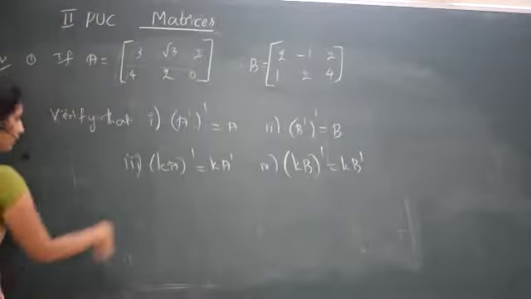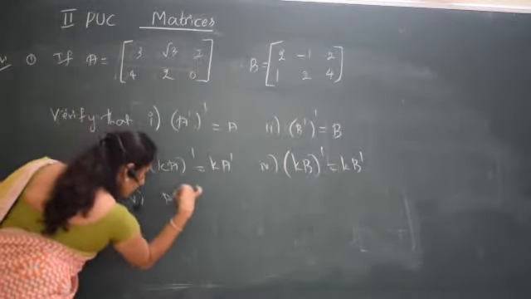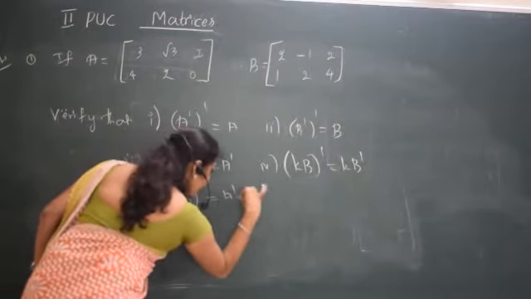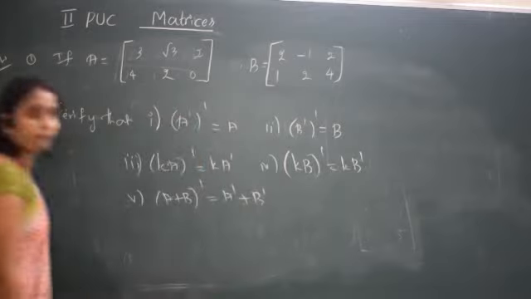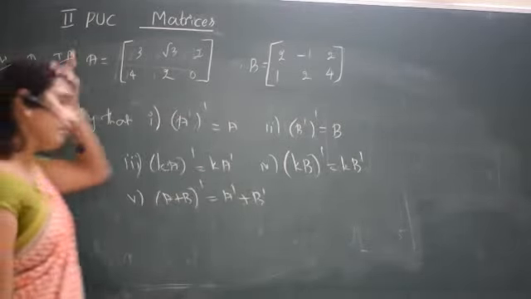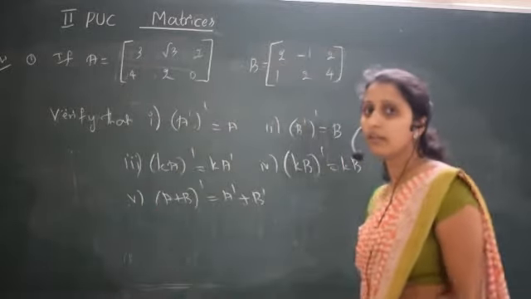Then the fifth one, A plus B whole transpose is equal to A transpose plus B transpose. So solve these problems. It is the same kind of problem to verify. It is a very simple one.